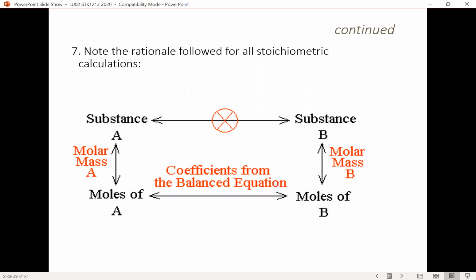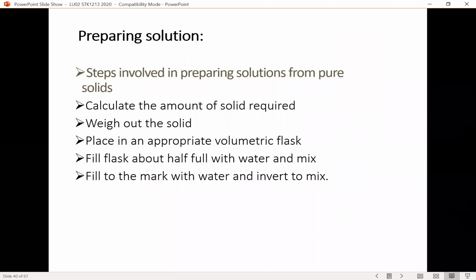All right. So now we move to the last section of our lecture today, which is preparation of solution. There are two types of methods for preparing solution.